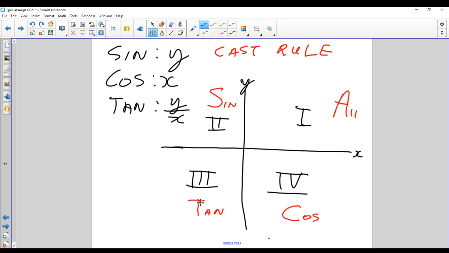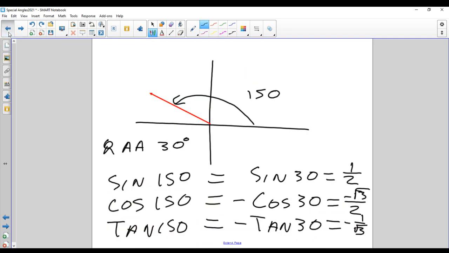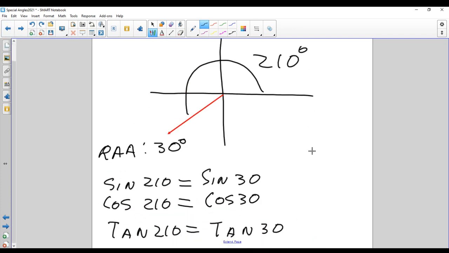Okay, good. Let's rewind now and talk about what's going on in the third quadrant, because it's the third quadrant we're talking about now for 210. And I'm going to take you back to the RA that we got, which was 30 degrees. Right, 30 degrees. But we haven't decided yet which ones are positive, which ones are negative.